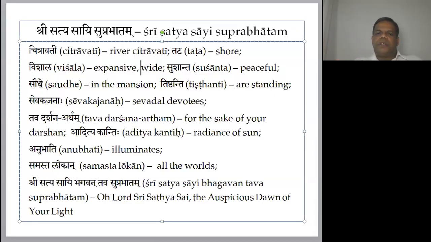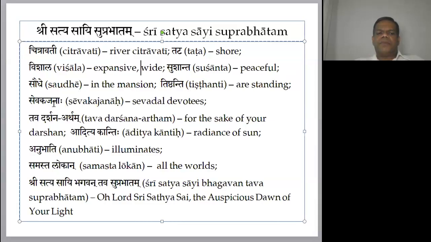So in the mansion of peace, which is Prashantinilayam, which is vast and expansive, which is present by the shore of Chitravati, Prashantinilayam is by the shore of Chitravati river. Okay, there in that mansion, Tishtanti, are standing. It can also mean waiting.